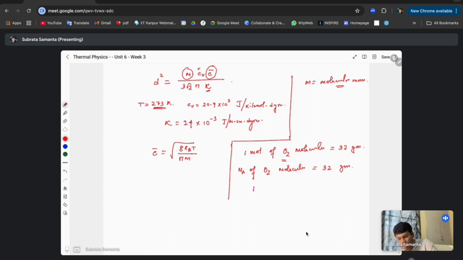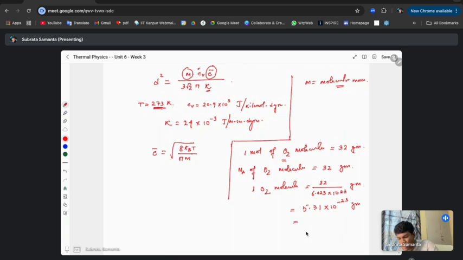So 1 O2 molecule is basically 32 over Na. What is the value of Na? 6.023 times 10 to the power 23, right? So just calculate this. Okay, it's 5.31 times 10 to the power minus 23 gram.